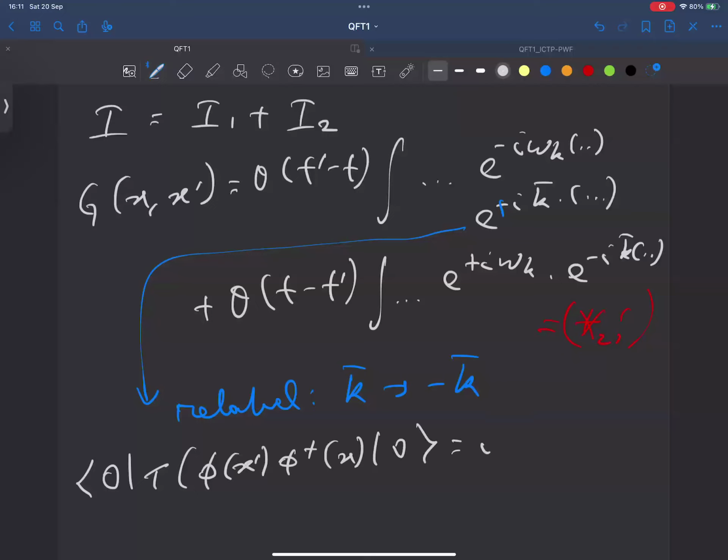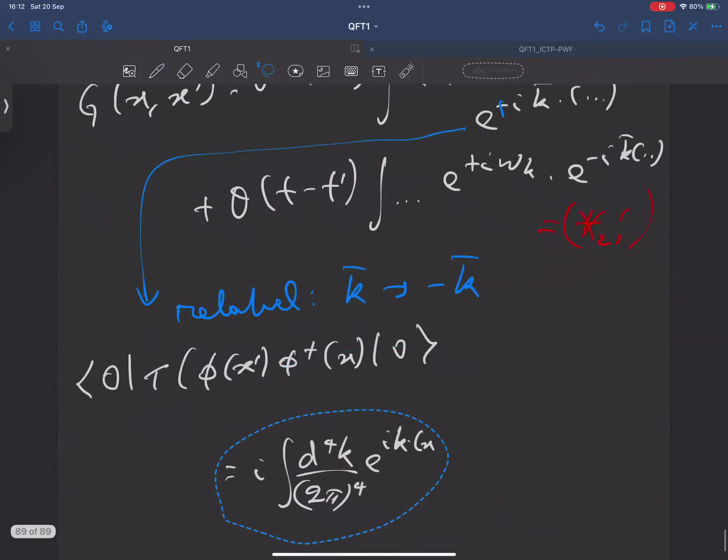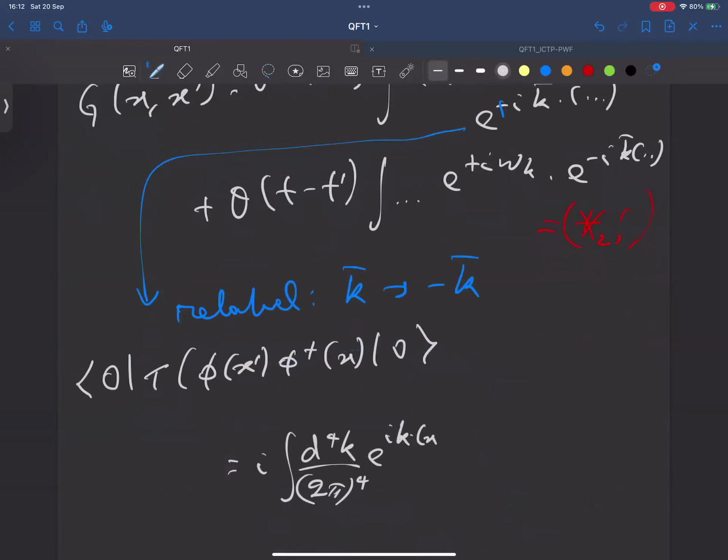This is indeed this covariant integral, now written nicely in a covariant way: e to the power i k dot (x prime minus x) over k squared minus m squared. So this is what we showed.